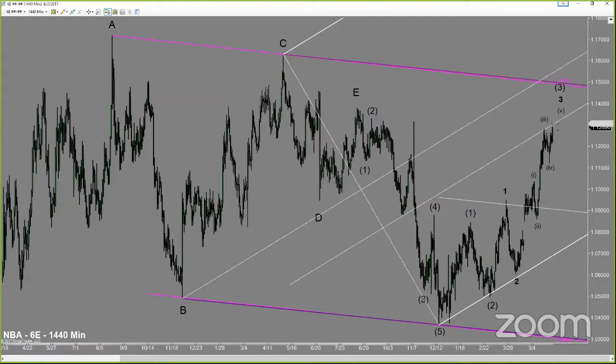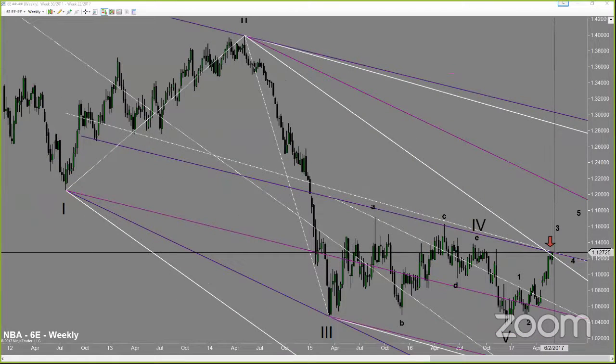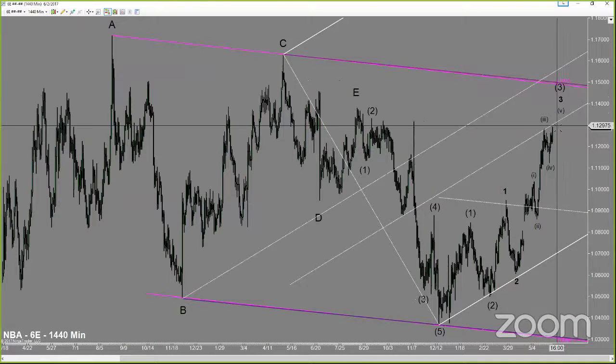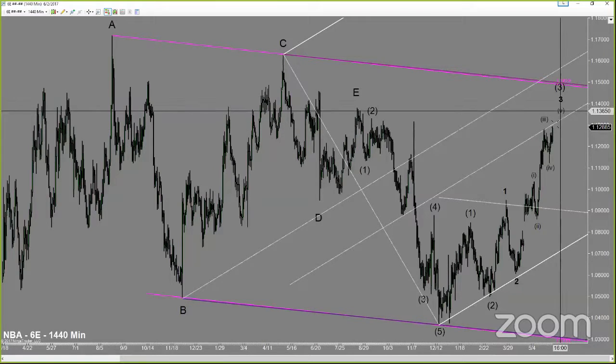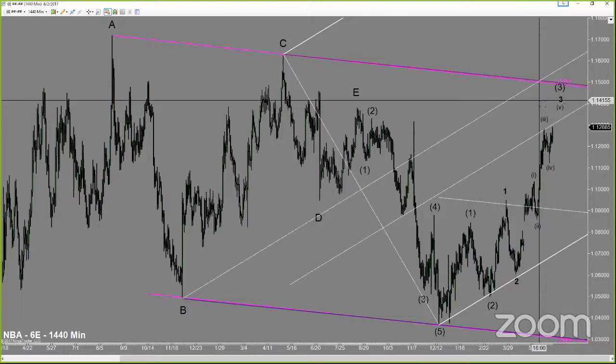So again, that in combination with these three areas on the weekly, it's looking like definitely some reason for a decent pullback, but I'm thinking we're now in the fifth wave, and I think Sunday or Monday we could be getting that next push to the upside.